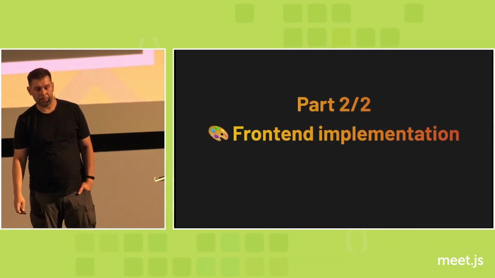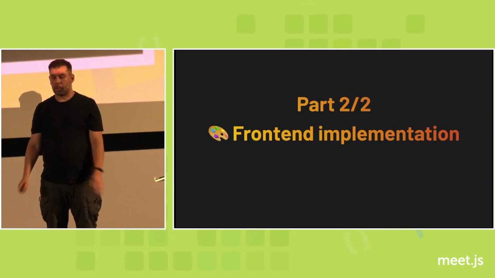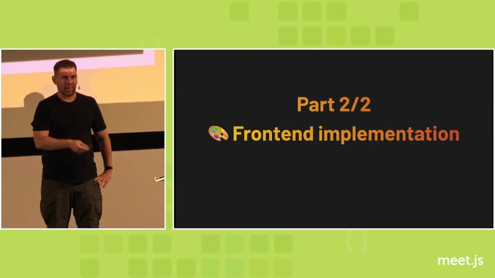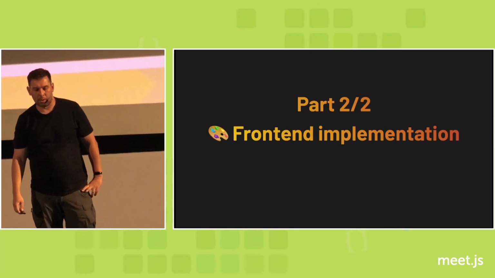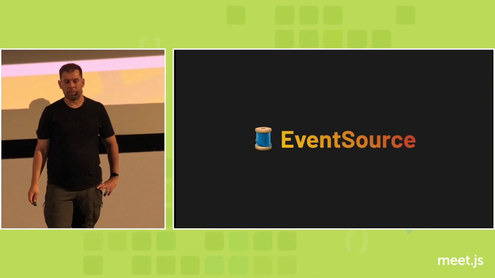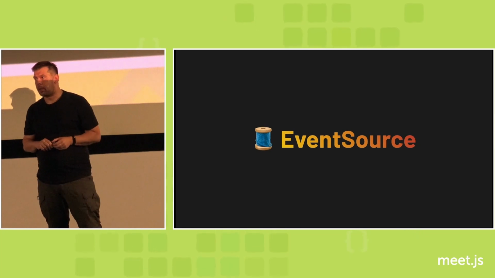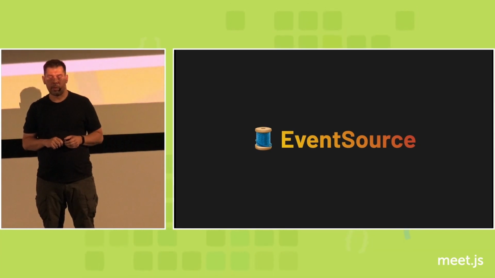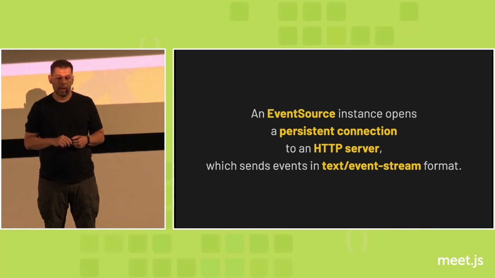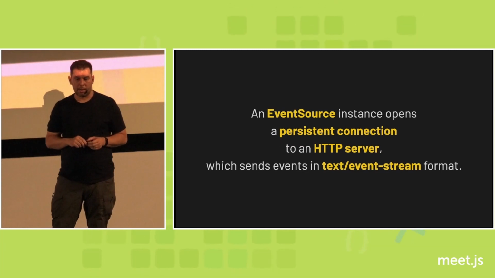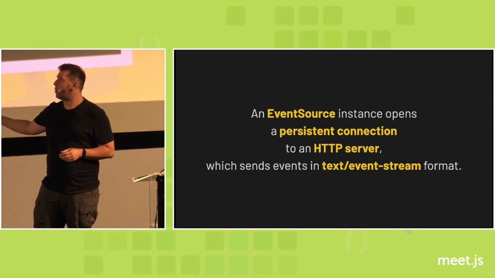So maybe frontend, there is a time for the frontend implementation. And of course, we can use React, we can use Angular, we can use Vue, Vanilla.js. What do you prefer? But the most crucial thing is to use the native EventSource object. EventSource opens a persistent connection to an HTTP server, and this server sends text/event-stream format.